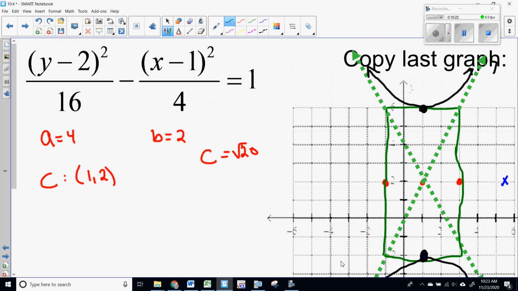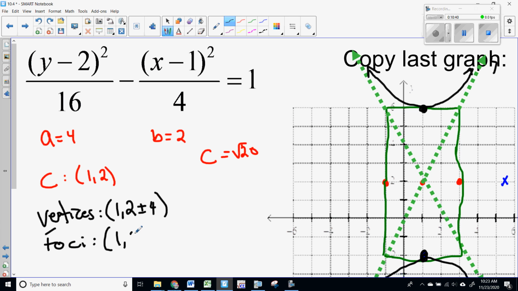So as I look at my vertices, I'm going to add and subtract my A to my y coordinate. My foci, I'm going to add and subtract C to my y coordinate.